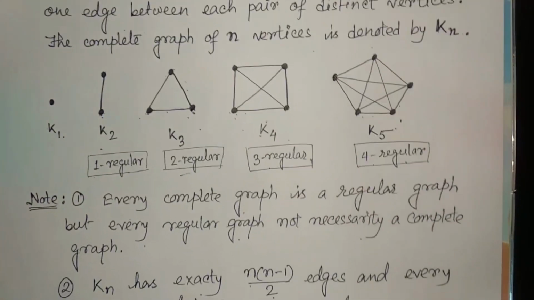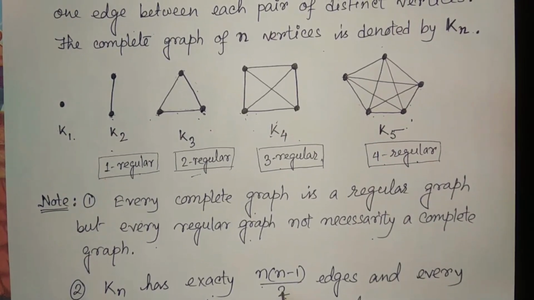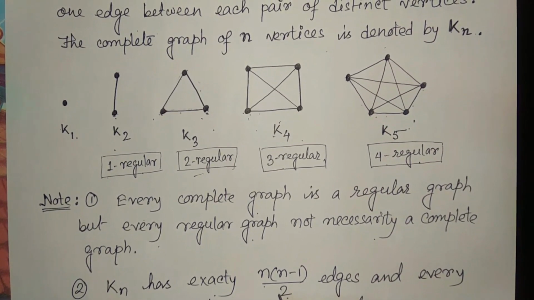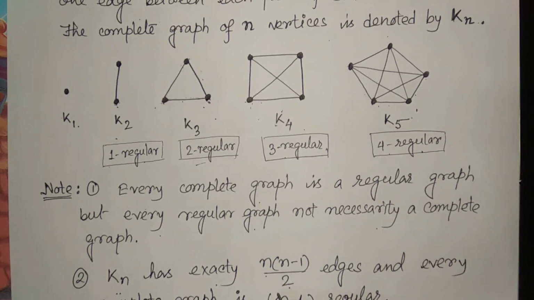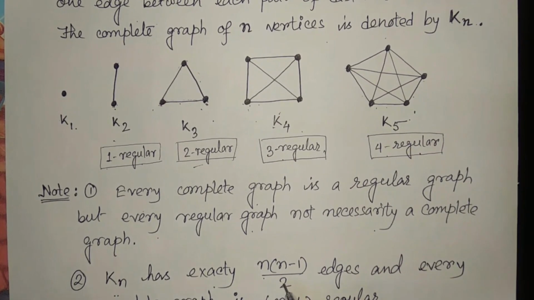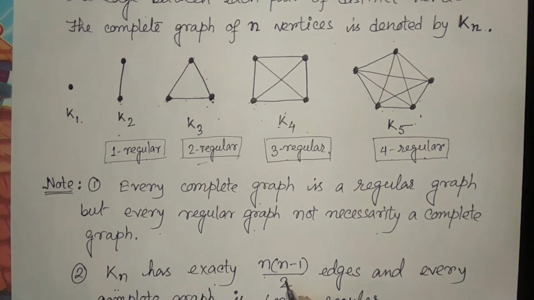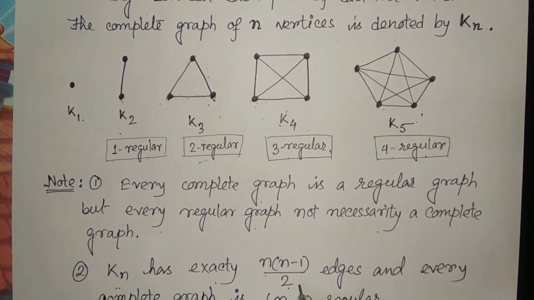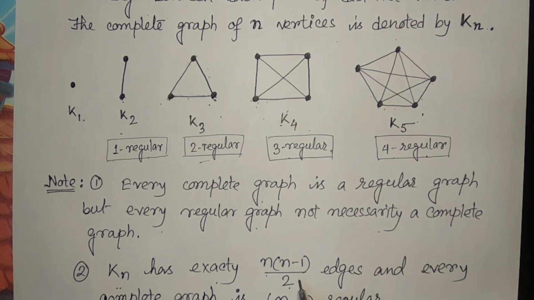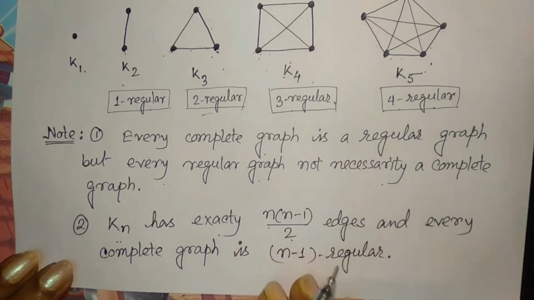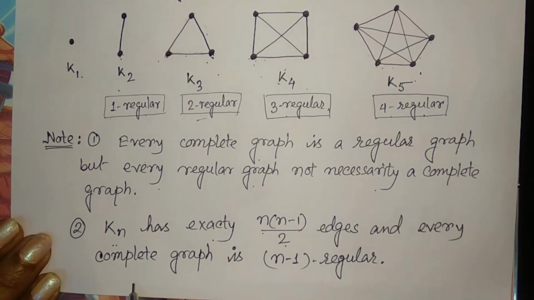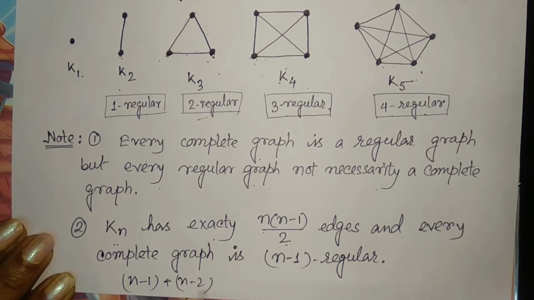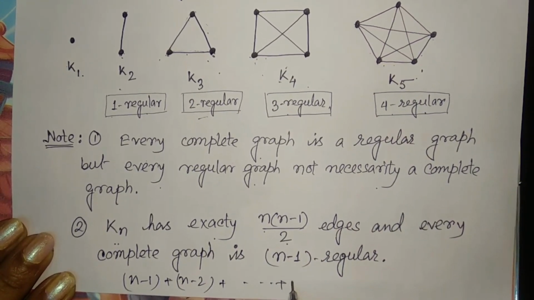Accordingly, if we go for n vertices, from the first vertex we have to draw n-1 edges. From the second one we have to draw n-2 edges. From the third one we draw n-3 edges, and from the last one 0 edges. If we add all those, we get (n-1)+(n-2)+ and so on up to 1.